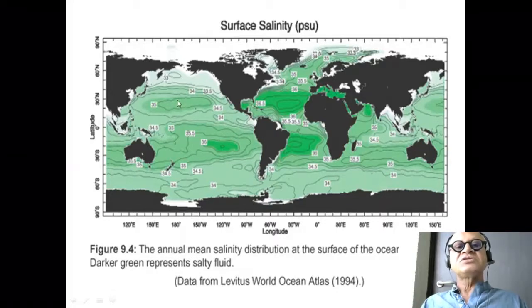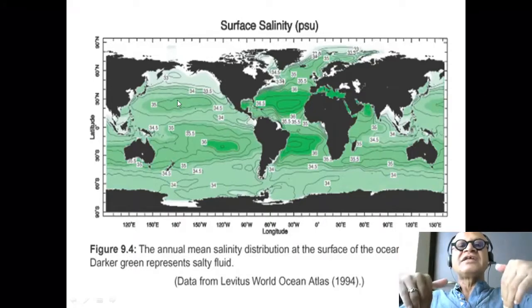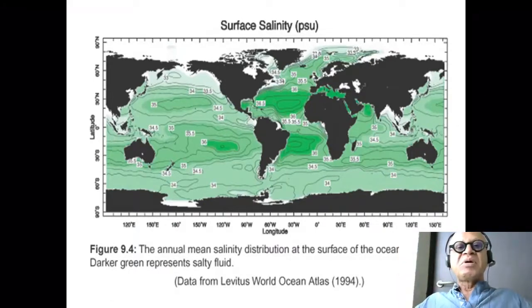These are the regions where the Hadley cell is subsiding. There are clear skies, there is high evaporation. Remember, the Hadley cell is being supplied moisture from the subtropics into the tropics, and that moisture is coming from evaporation. Evaporation leaves salt behind, so you have maximum salt in those regions.